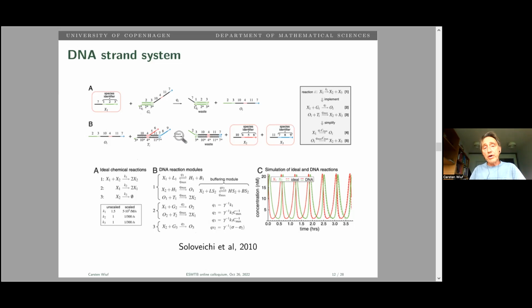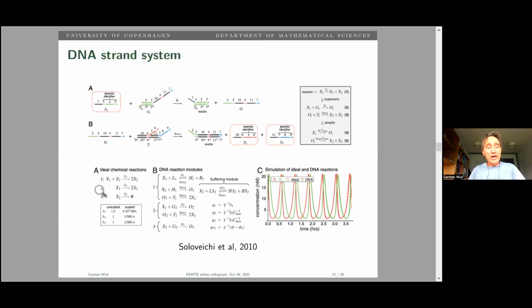I don't want to go into details. I just want to show that they can take an arbitrary formal chemical reaction and convert it into a set of reactions between DNA strands that might bind based on the DNA pairing or DNA complementarity principle.